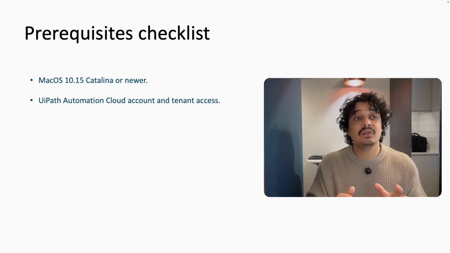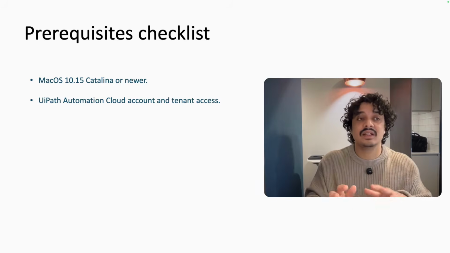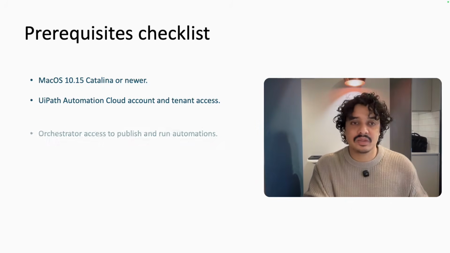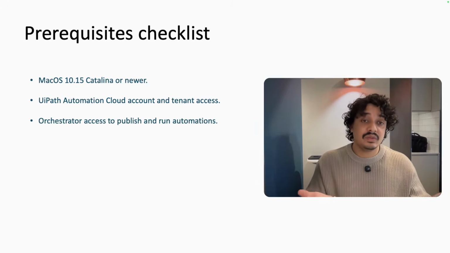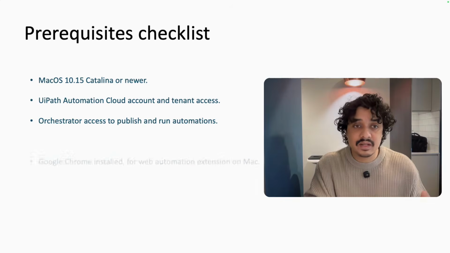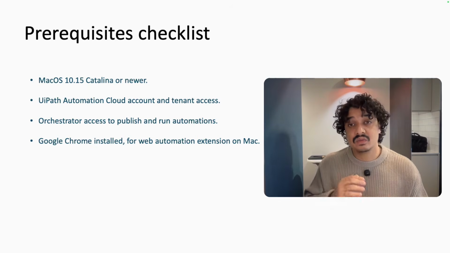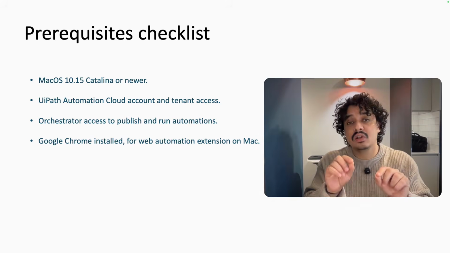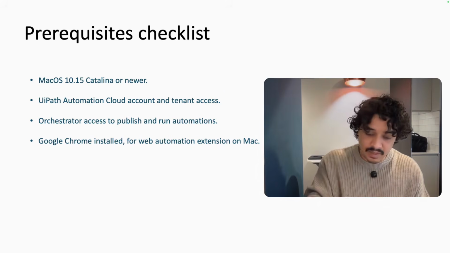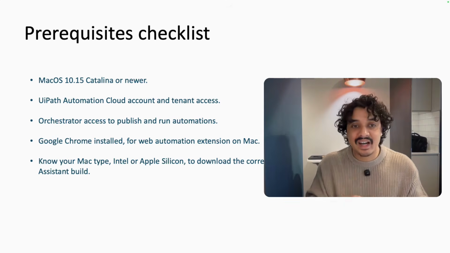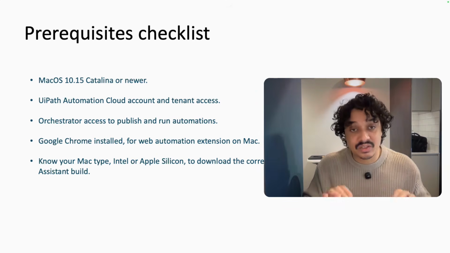I'm not going into details of UiPath because that's already covered on the channel; you have a lot of content there. Again, you need Orchestrator to publish and run automation, if it is cross-platform as well. And lastly, in case you are trying to do some browser automation, you would need to install those extensions on the Mac.